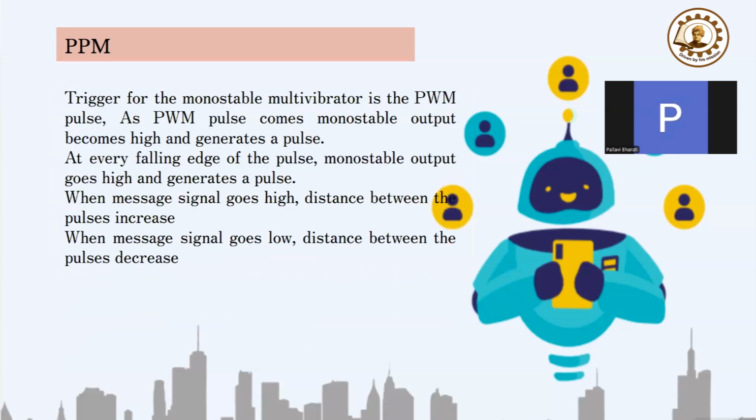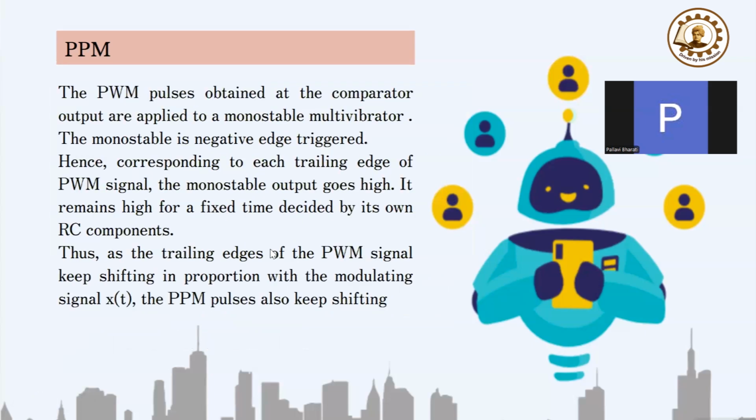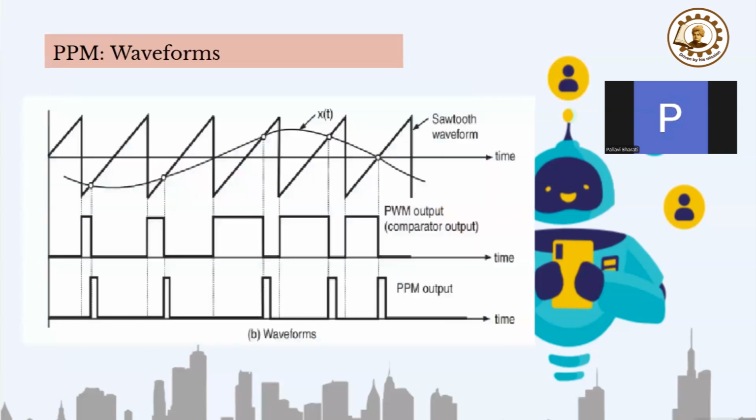So this way, the principle goes that whenever the message signal goes high, the distance between the pulses increases, and when the message signal goes low, the distance between the pulses is decreasing. So this is the waveform you can see over here. Now this is the PPM output. The trailing edge of the PWM signal is kept as the reference over here. So at the trailing edge, you can see the PPM pulses.